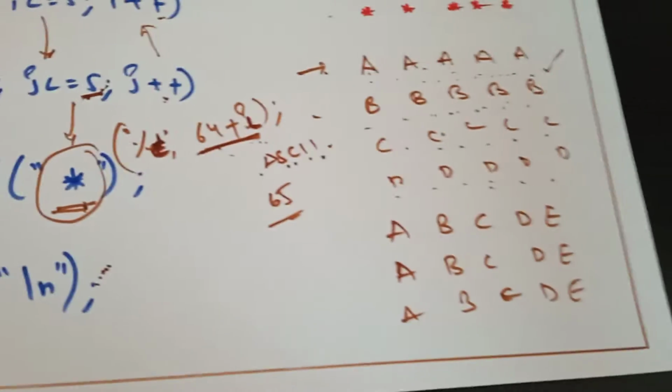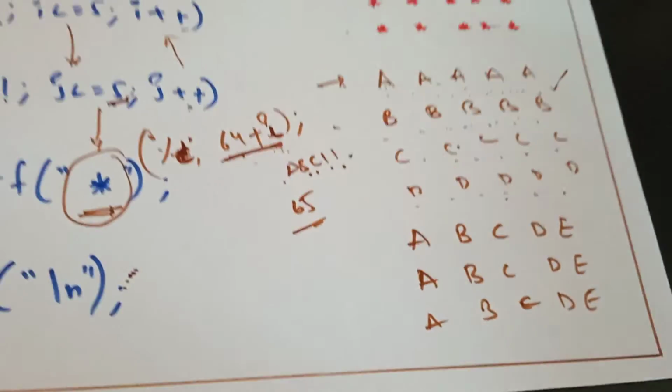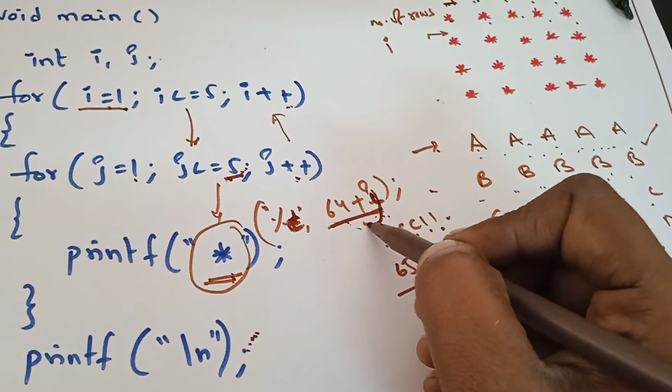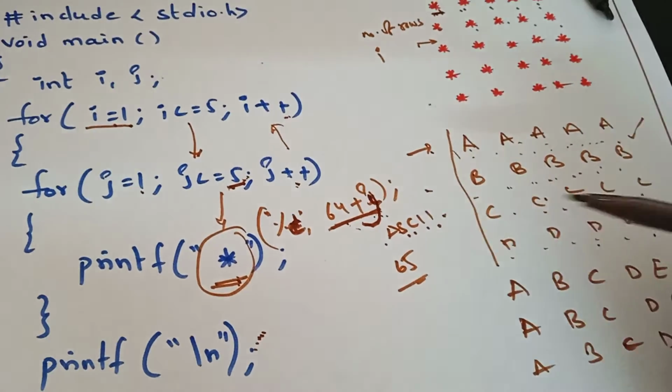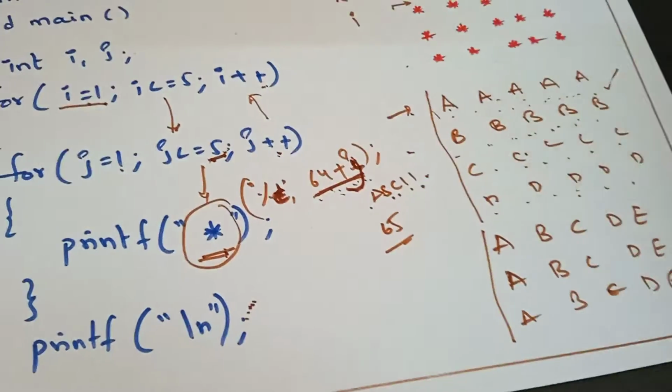Here we are displaying proportional to j also. So what will we write here? 64 plus j. When it is 64 plus i, we get the previous pattern as output. If it is 64 plus j, we get this pattern as output.